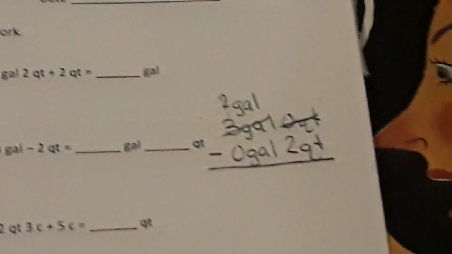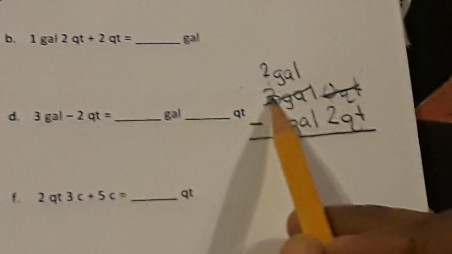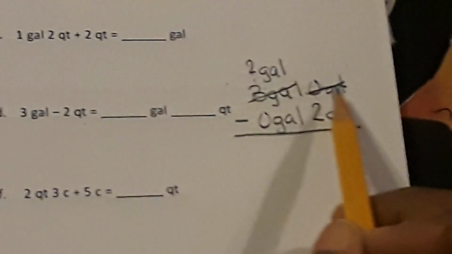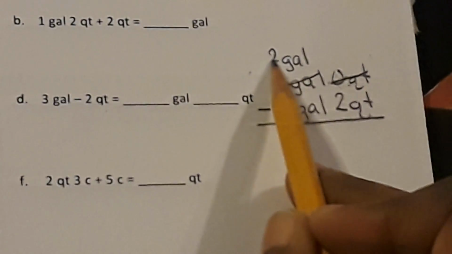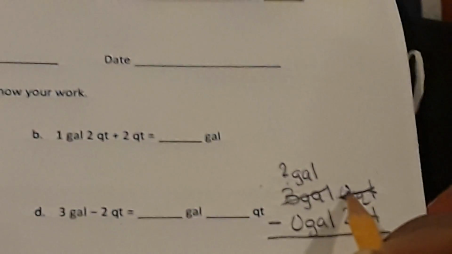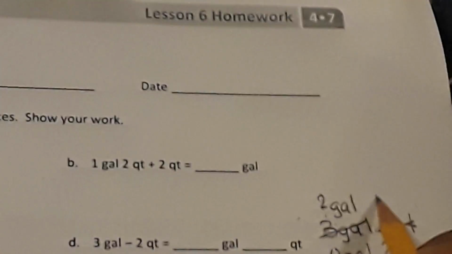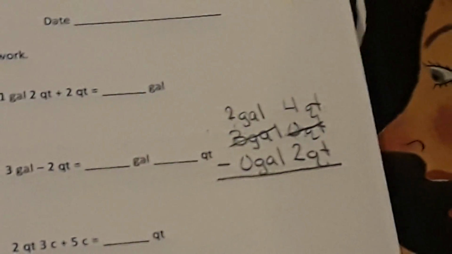Just like when we borrow in subtraction, where we would take 10 from here and put 10 in the ones place, over here we're taking 4 quarts from this 1 gallon that we borrowed. That means 4 quarts that we're borrowing plus the 0 we already had, so we now have 4 quarts in the quarts column.